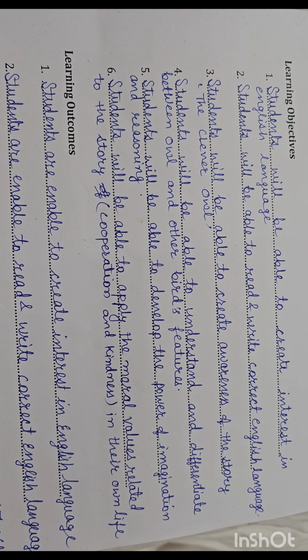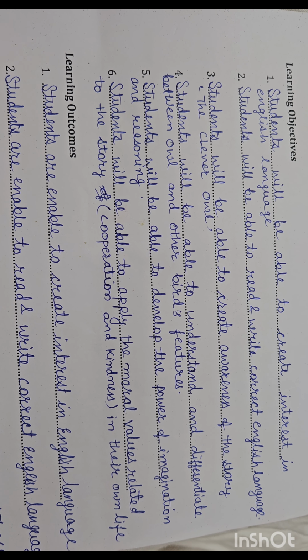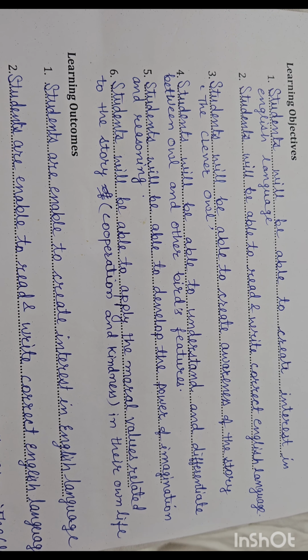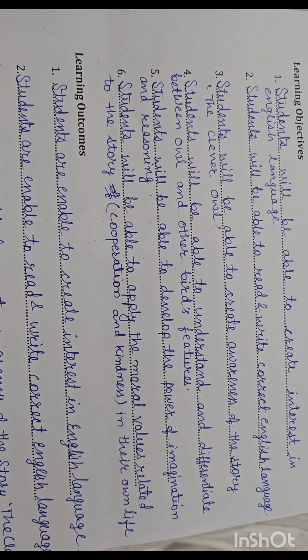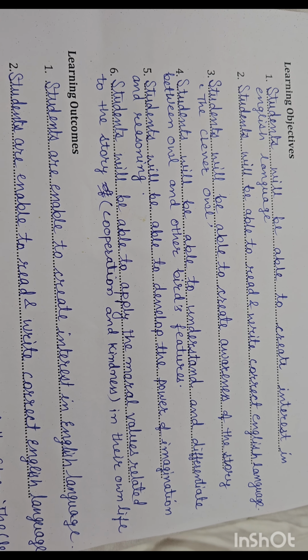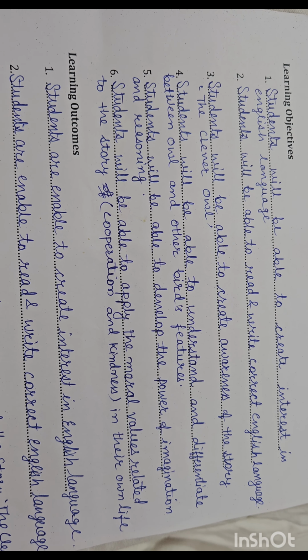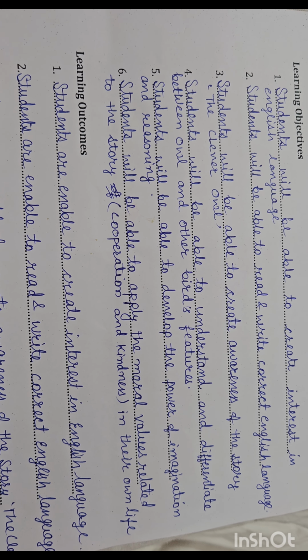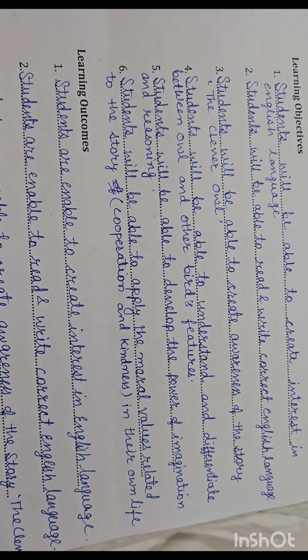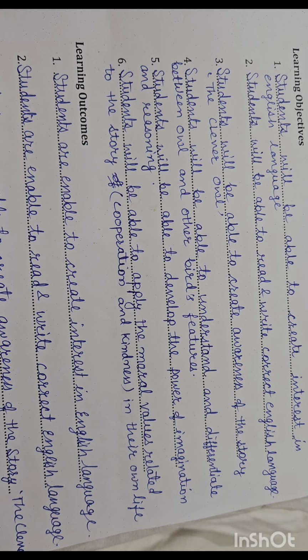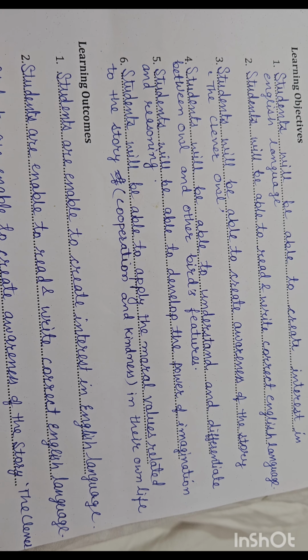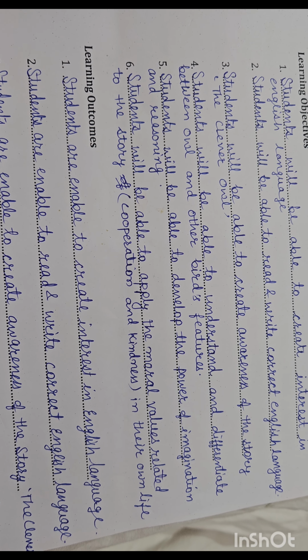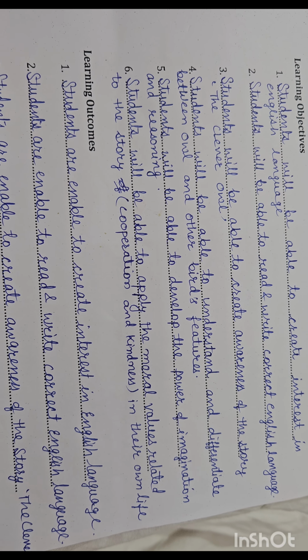I have followed the Bloom taxonomy, as I have mentioned over here, able to create awareness which is related to memory level, understanding level. Then after I have understanding level, reasoning, and then at the end students are able to apply. This is the Bloom taxonomy, the last one, point of the Bloom taxonomy.